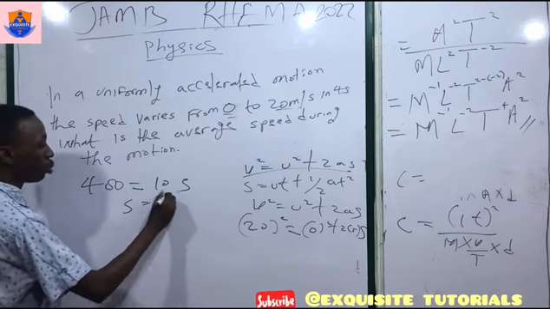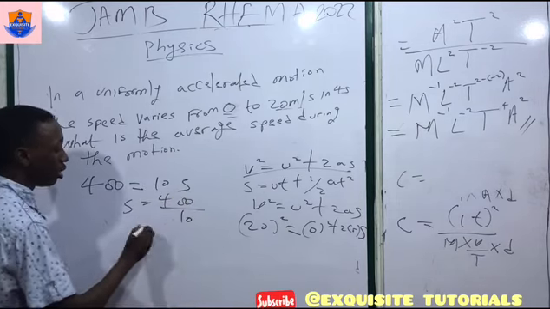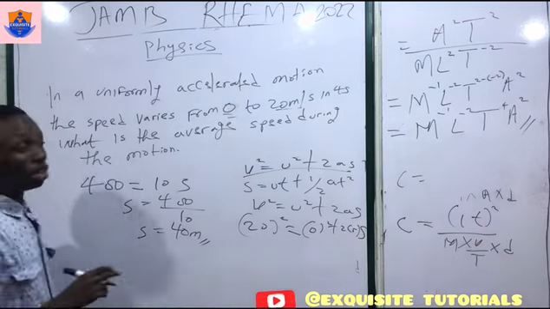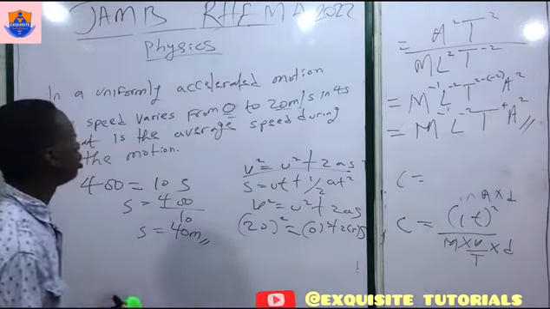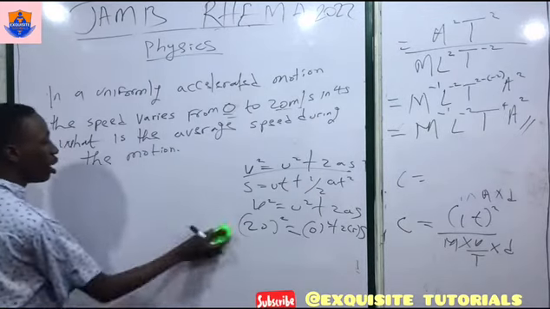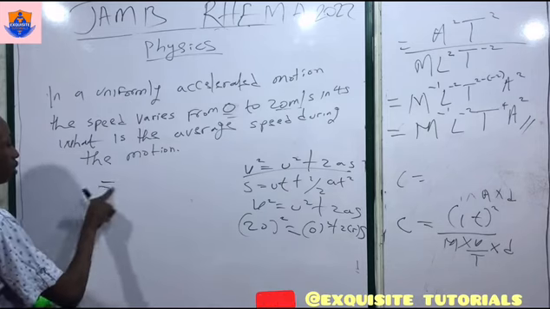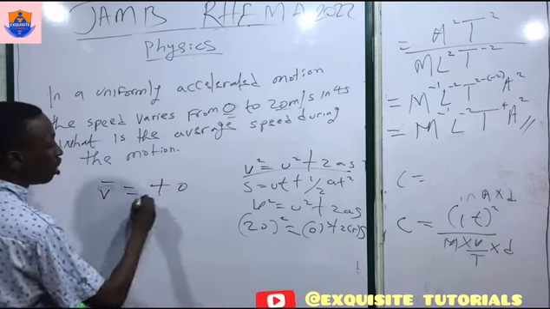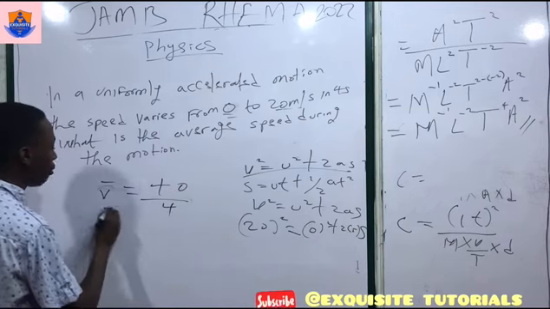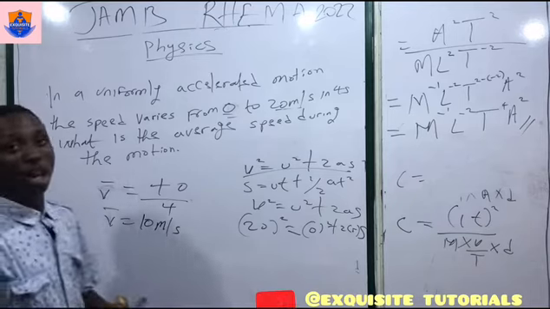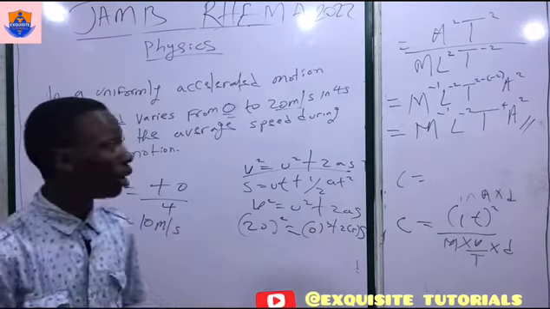S is equal to 400 over 10. S is equal to 40 meters. Now we have gotten the total distance. Now to calculate the average speed, we can say that average speed is equal to total distance over total time. Average speed is equal to 10 meters per second.